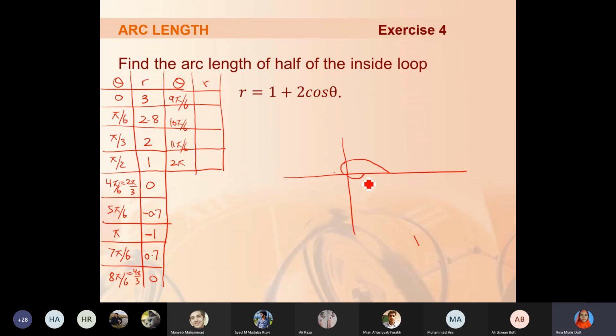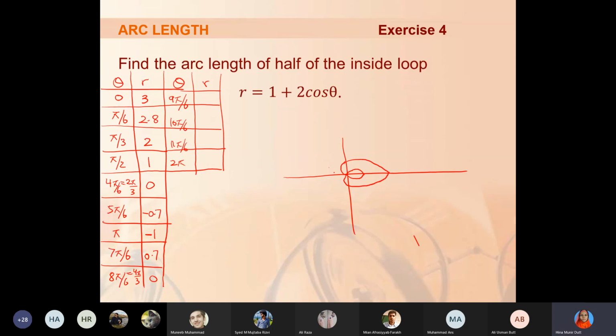The lower half loop is drawn when theta is changing from 2pi/3 to pi. And the upper half loop is drawn when theta is from pi to 4pi/3. Again, we will get. And the lower outer loop is drawn when theta is from 4pi/3 to 2pi.